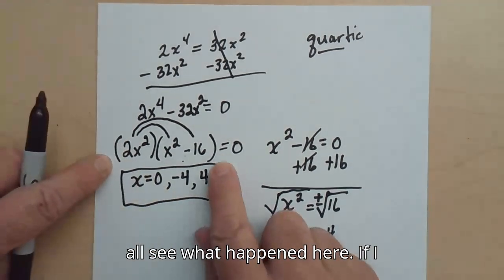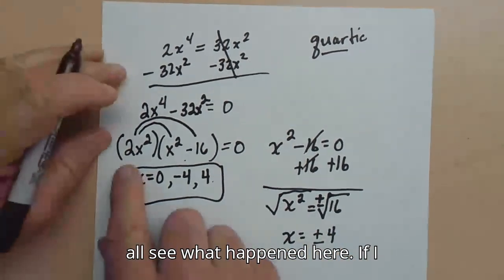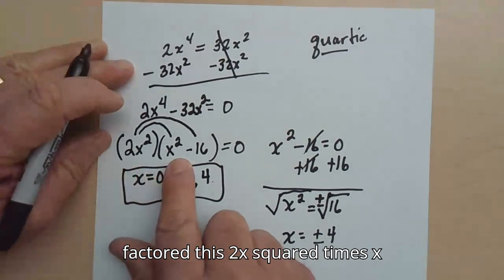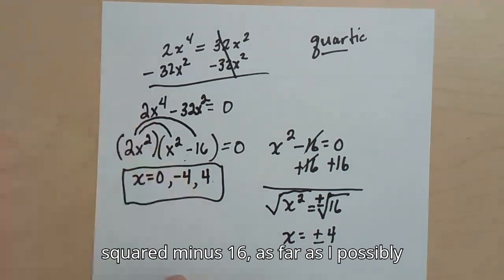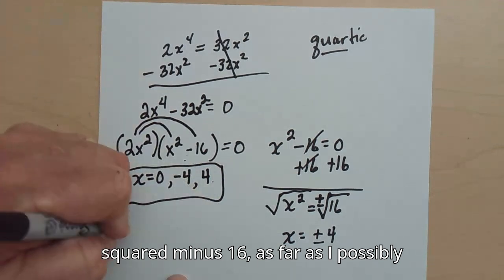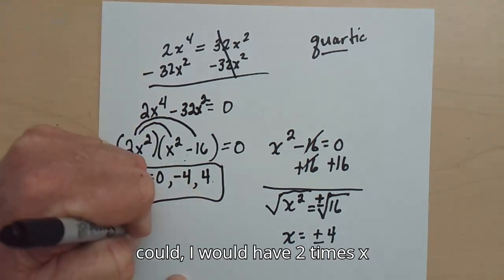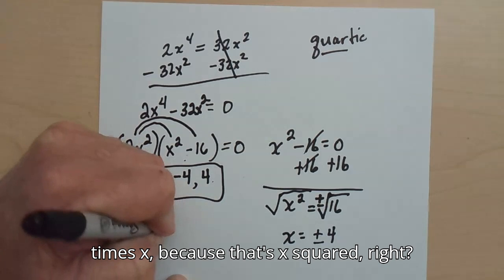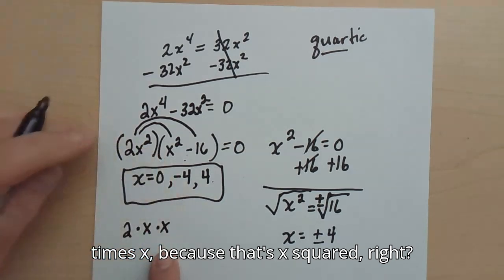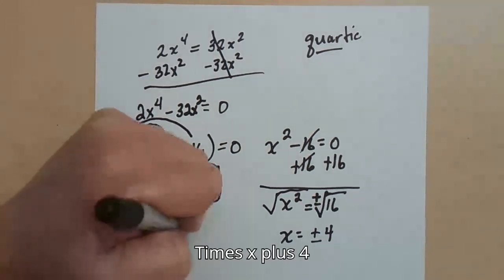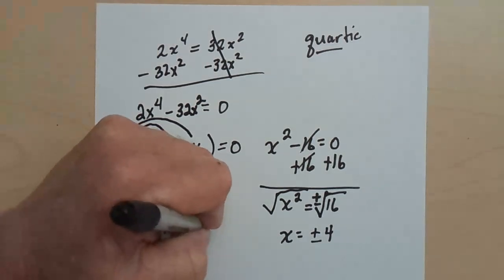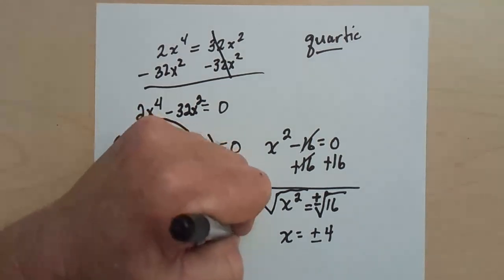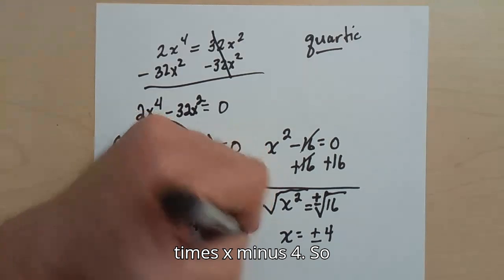So I want to make sure y'all see what happened here. If I factored this 2x squared times x squared minus 16 as far as I possibly could, I would have 2 times x, because that's x squared, right? Times x plus 4 times x minus 4.